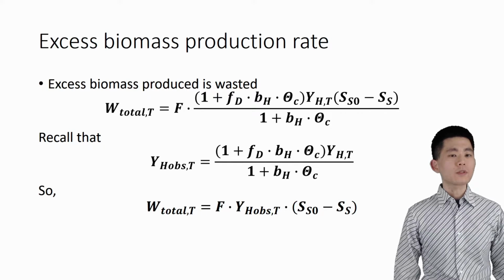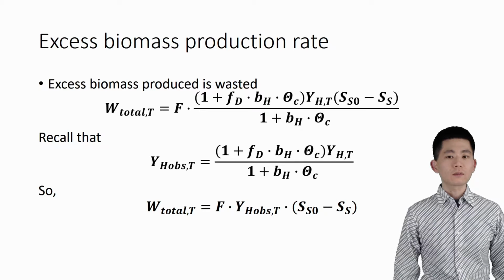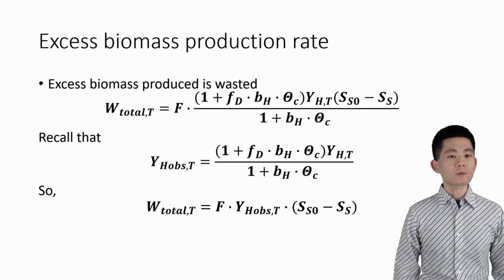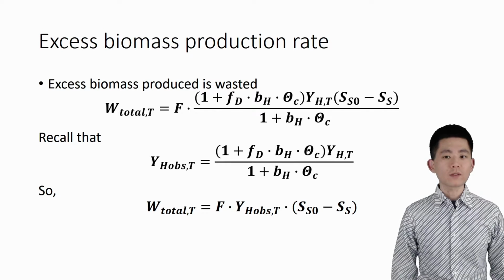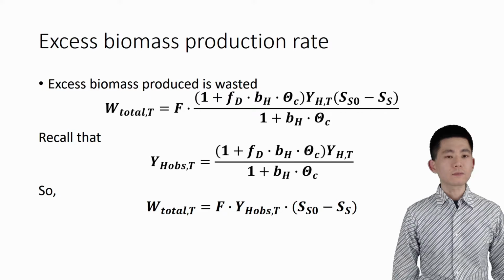We can substitute it in the excess biomass production rate equation, and it circles back to the original definition of the excess biomass production, or biomass wastage, which is the overall growth of biomass and the generation of debris from the destruction of substrate.